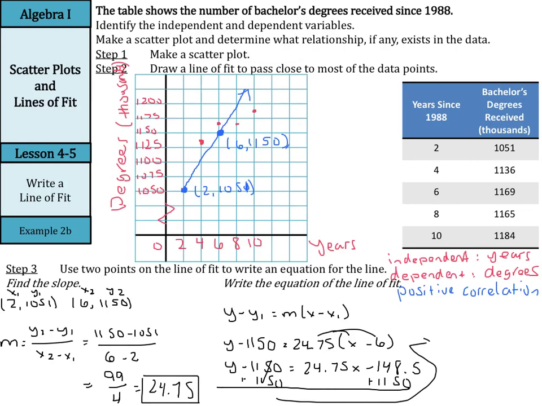And just so I can have more room, I'm going to come up here and finish. y equals 24.75x plus 1001.5. Try to rewrite that there since we're running out of room. There we go. You can see that now. And that's my equation: y equals 24.75x plus 1001.5.